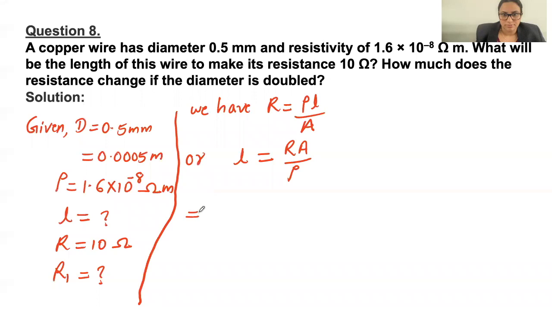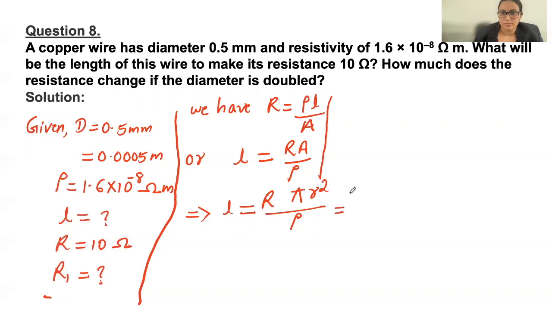So we have L is equal to, we know the value of R, 10 ohm. But what is area? Area is nothing but the area of cross section of the wire. So we can calculate the area, that is R into pi R square divided by rho. But what is pi R square?